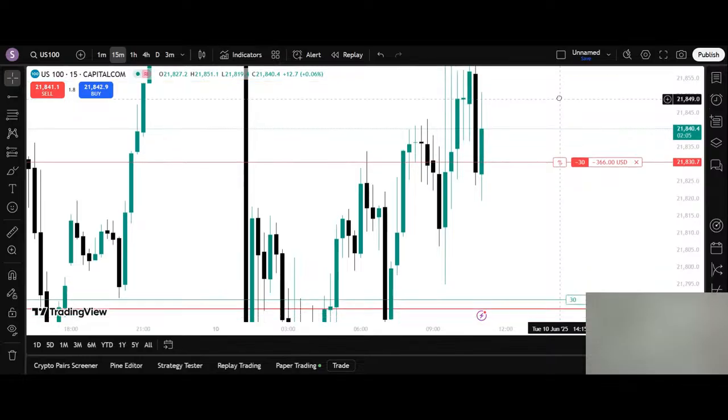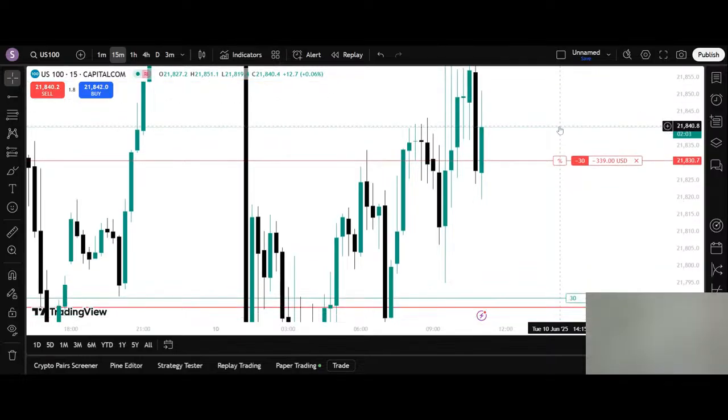I'm just waiting to see how the 15 minute candle closes. I might close the trade if the candle closes very bullish.